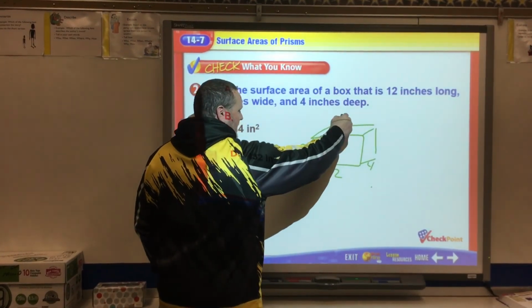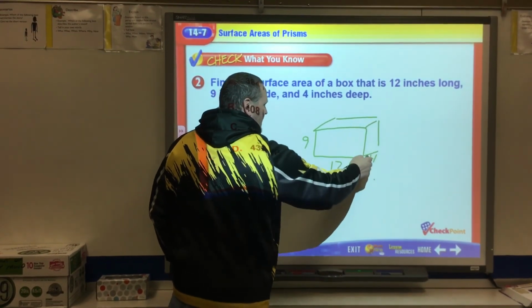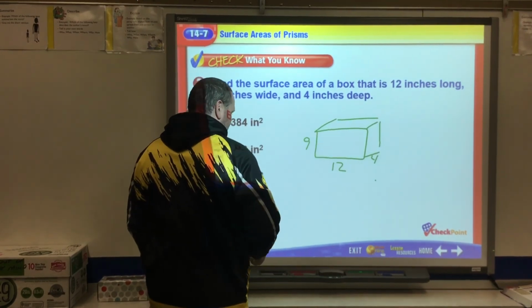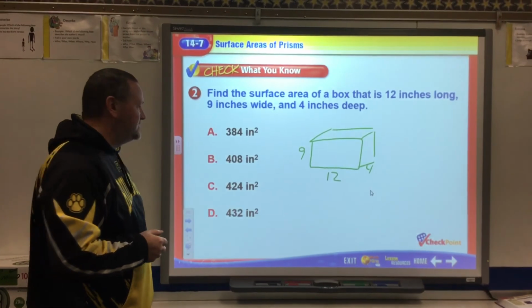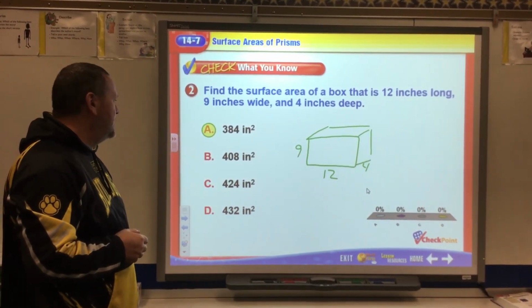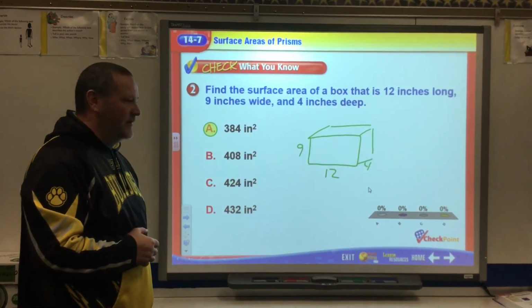I would multiply 12 times 4, and here it would be 9 times 4. I would get those answers, double each one of them, and when I totaled it up, again, if you have a calculator, you can do this. When you total it up, you should end up with 384 inches squared. Square units because we're dealing with area.